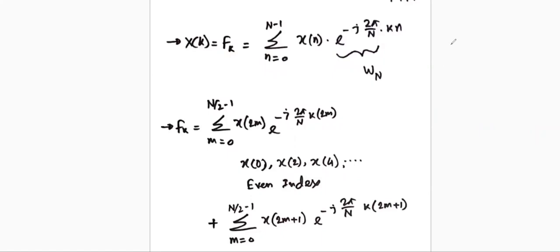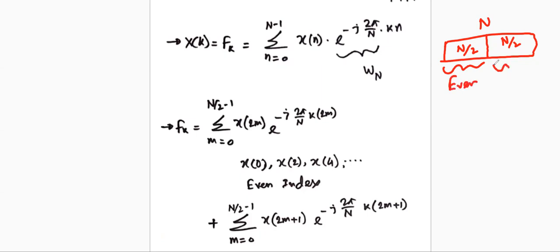Now the first step: we have capital N number of samples. We divide these total samples into two frames, N by 2, where one shows the even numbers and the other takes the odd numbers.